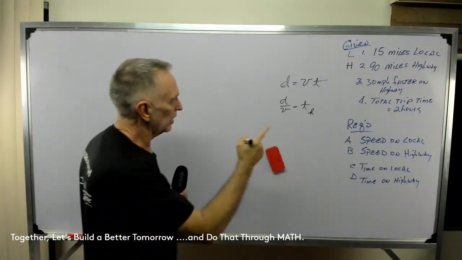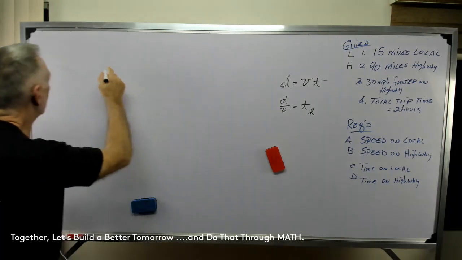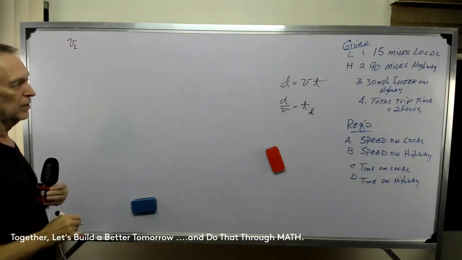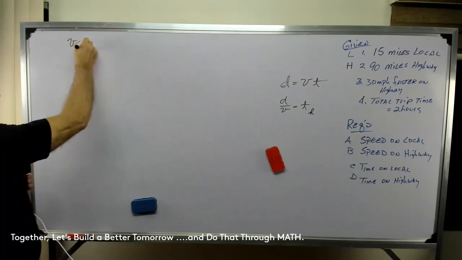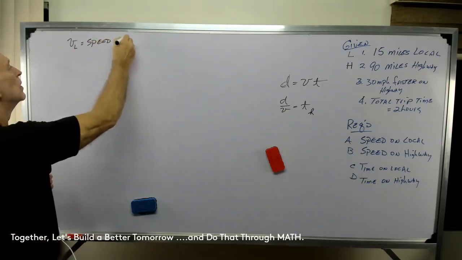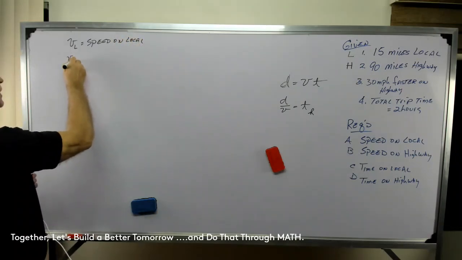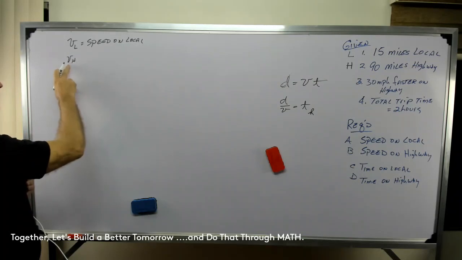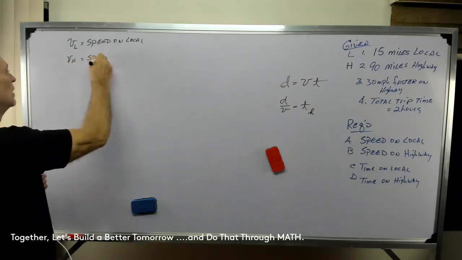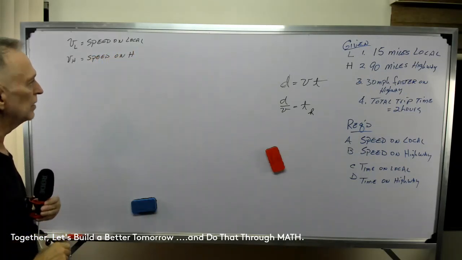All right, let's let the velocity V sub L be the speed on the local road. V sub H, this would be big H, would be the speed on the highway.